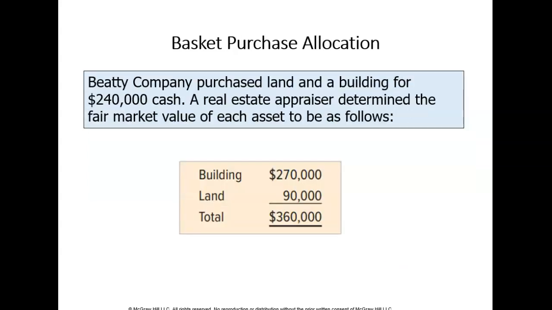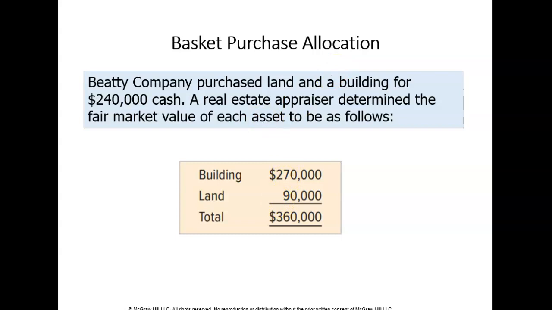For example, so now get out your calculator. Let's assume that we purchased land and a building for a total cost of $240,000. We want to determine what portion of that $240,000 should be assigned to the building, what portion should be assigned to the land. Well, we had each of those assets appraised, and this is the fair market value of those assets.